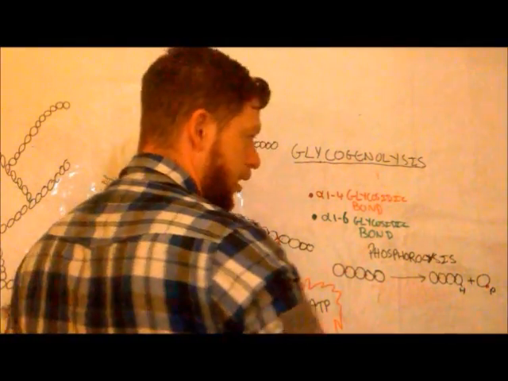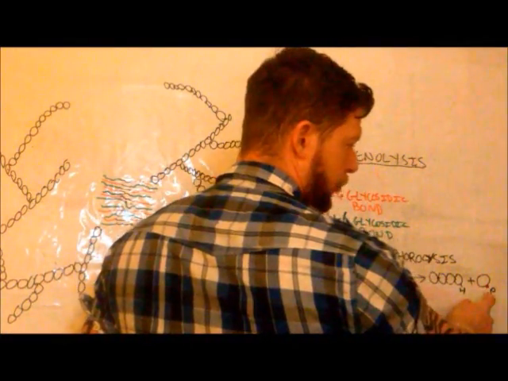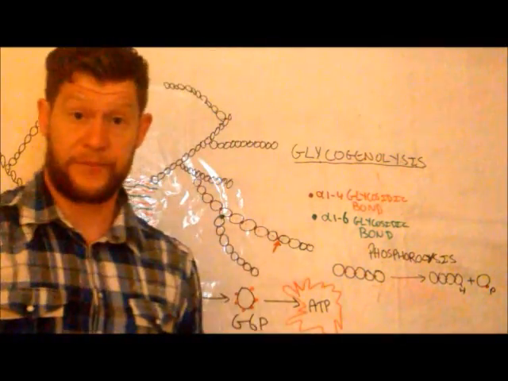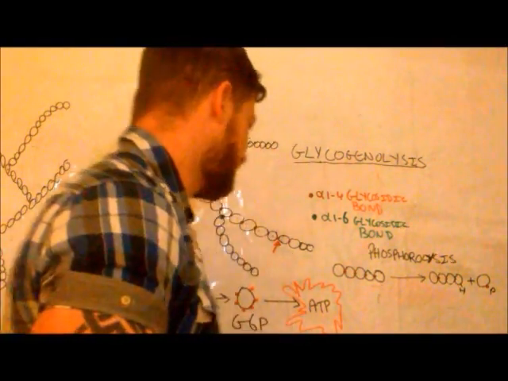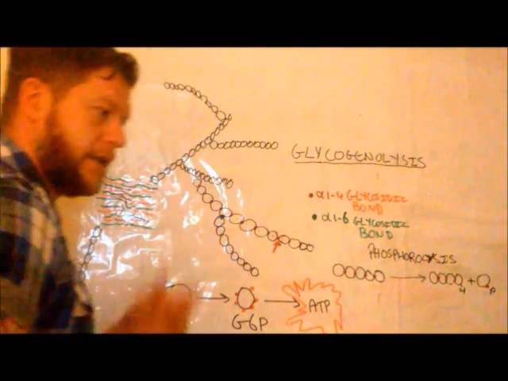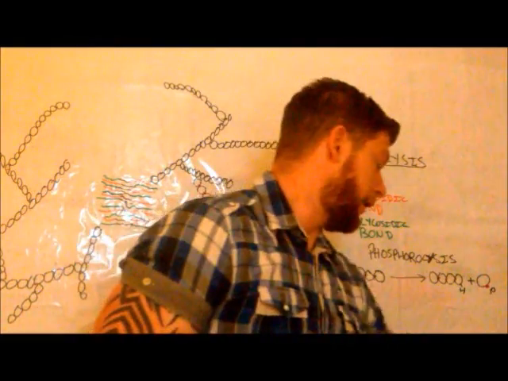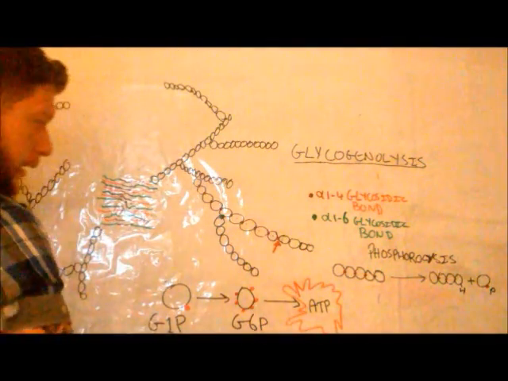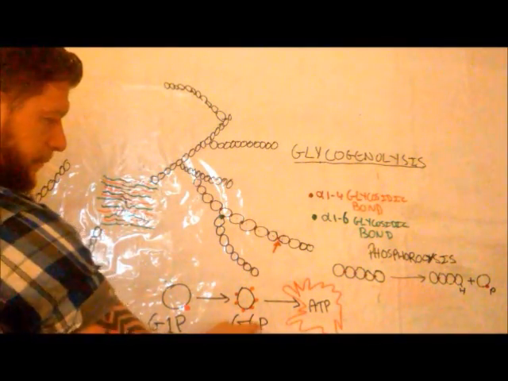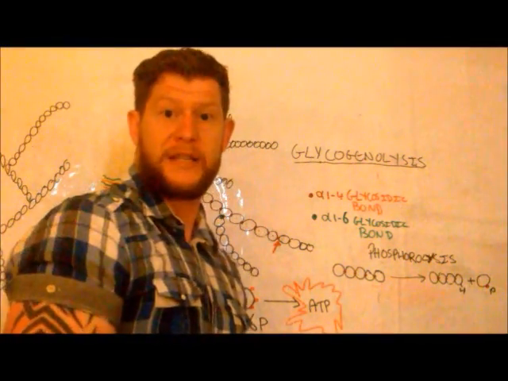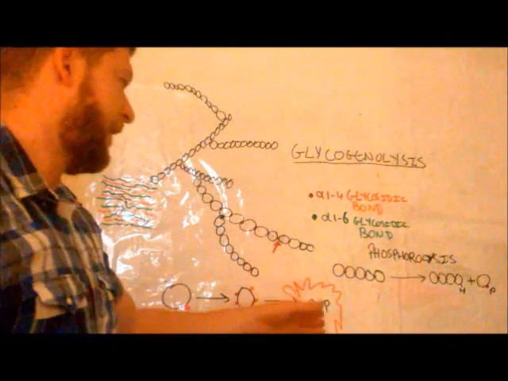And then we get a glucose molecule with a phosphate attached to it, and that is known as glucose 1-phosphate, okay? Glucose 1-phosphate is not usable in the body, so it is converted into glucose 6-phosphate. Glucose 6-phosphate then goes down 10 more steps to make pyruvate, which can then be used to make ATP.